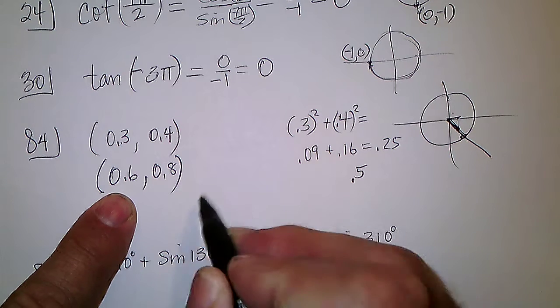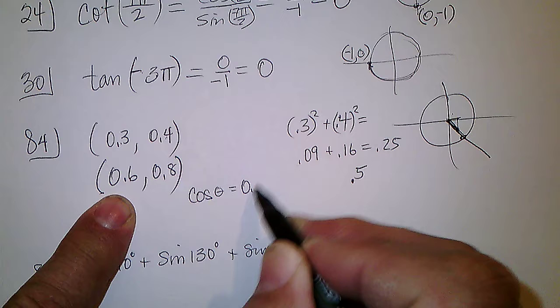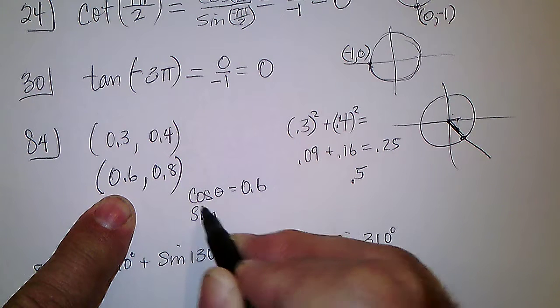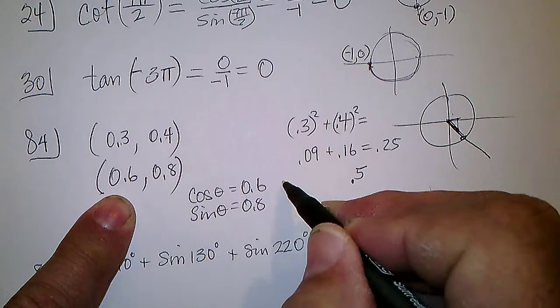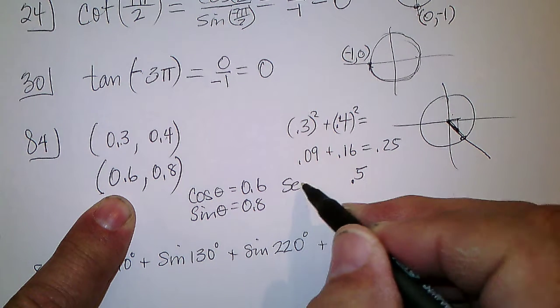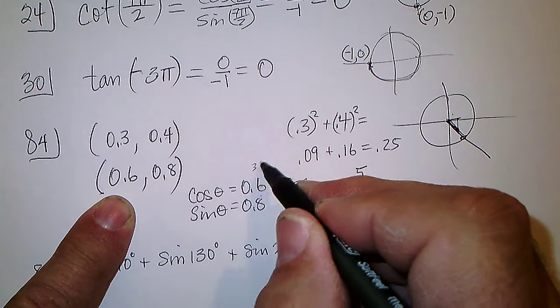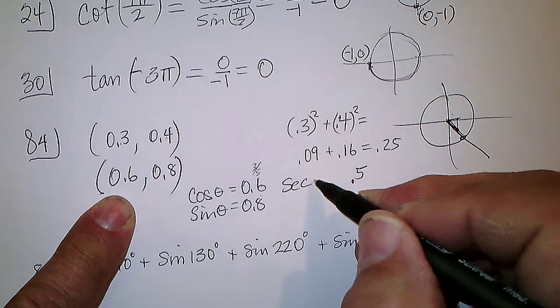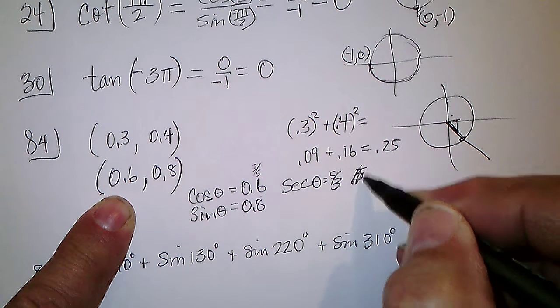So we have the cosine of the angle would be 0.6, sine of the angle would be 0.8, secant would be 1, this is 6 over 10, or 3/5, so its reciprocal would be 5/3.